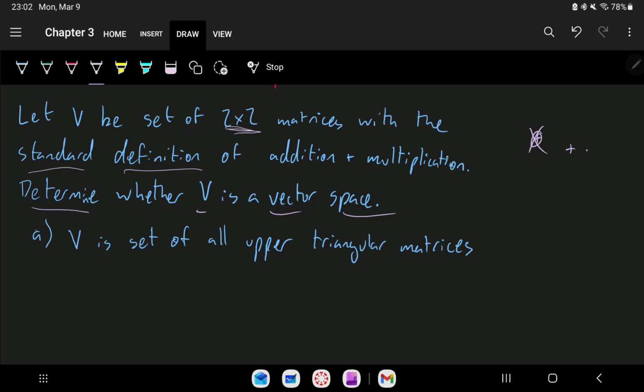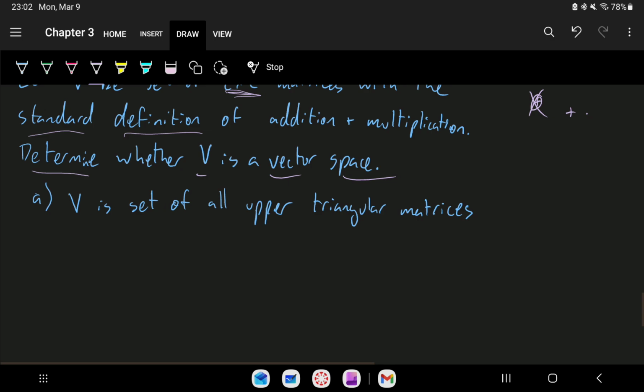The first one we got is the set of all upper triangular matrices. If you will remember from past courses, or chapters I should say, upper triangular matrices form a little triangle on the upper half where all of these are numbers and we got 0 at the bottom. It forms an upper triangle.